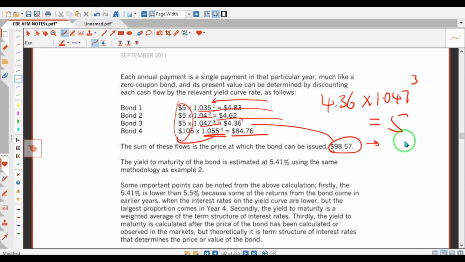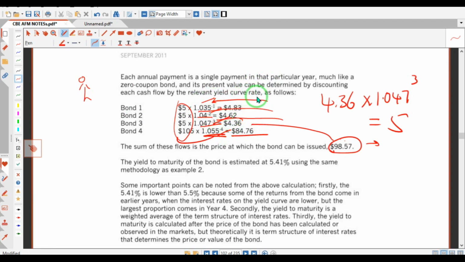Now, let's say you're rushing and somebody asks you how much return you're getting. Well, you can say, I get 3.5%, I got 4%, I got 4.7%.